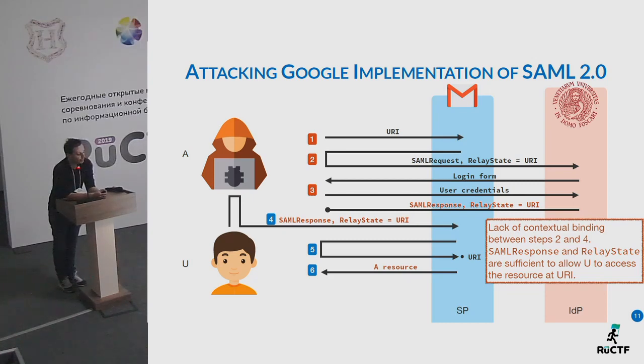So essentially, the problem of the Google implementation is a lack of contextual binding between step 2 of the protocol and step 4, because essentially the SAML response parameter and the relay state parameter are the only things that are necessary to complete the protocol flow.